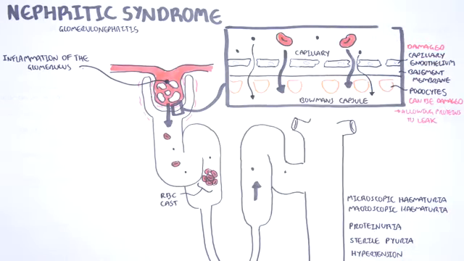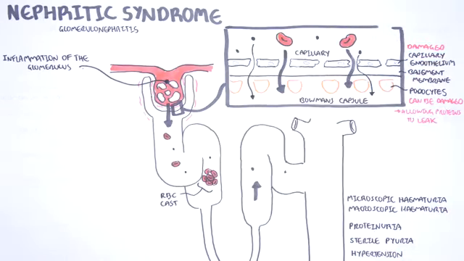Around the basement membrane are the podocytes and their foot projections, which normally prevent proteins from leaking out. Here is the Bowman space where things are filtered into from the capillary. Mesangial cells can be found in the intercapillary spaces and have a role in regulating the glomerular filtration rate as well as phagocytosis and promoting inflammation.